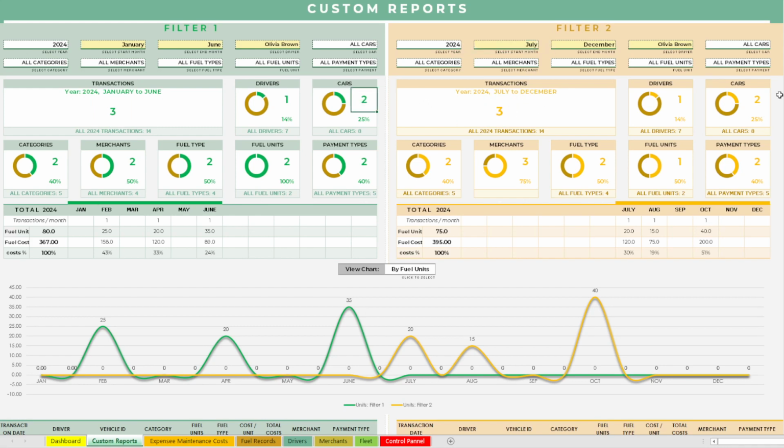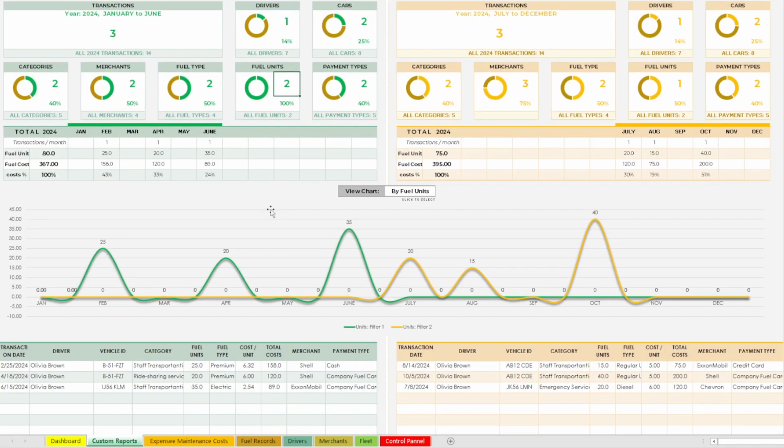She used 2 cars. The difference is that she fueled with fuel units. It was different in the first half. She drove the electric car, and in the second half she used the diesel one.